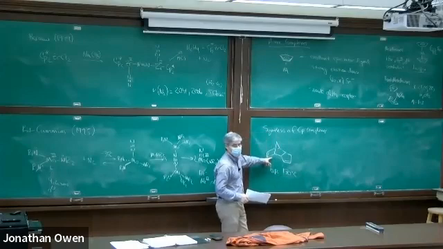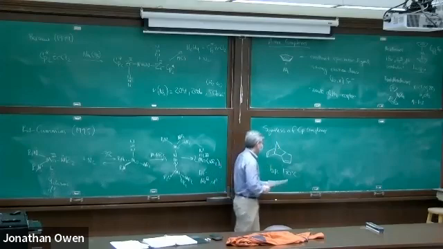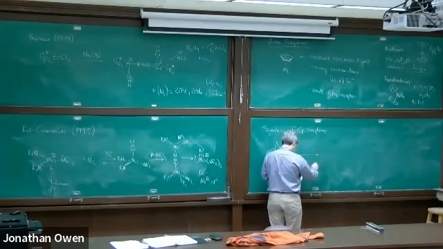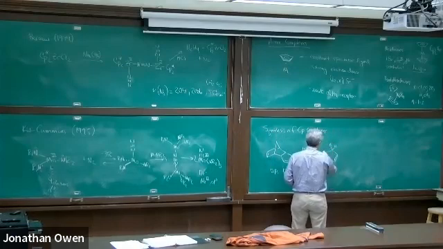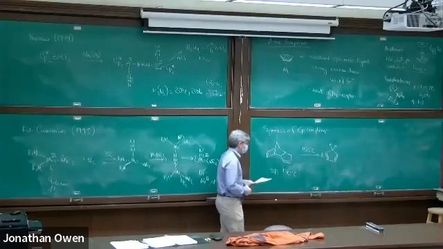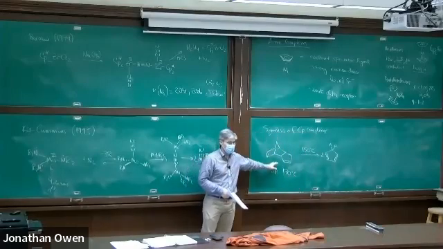This is called dicyclopentadiene. It's the Diels-Alder product of 2 CPs reacting with each other. And it will do a retro Diels-Alder reaction at about 150 degrees. So it doesn't really boil.